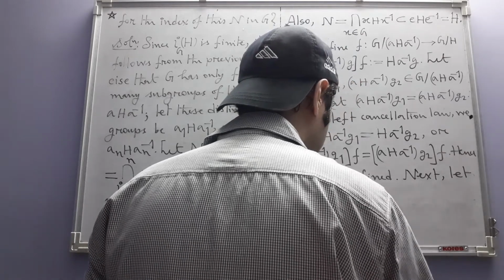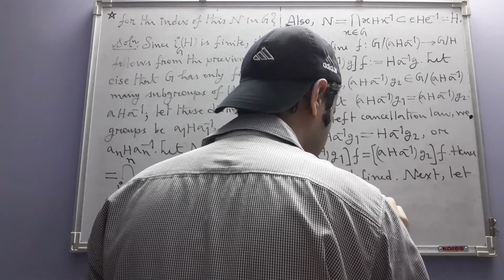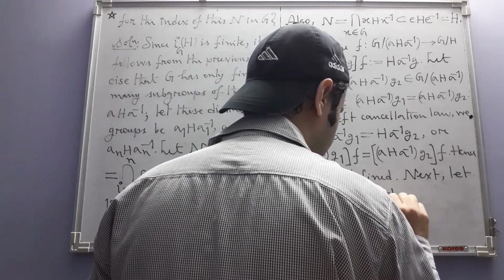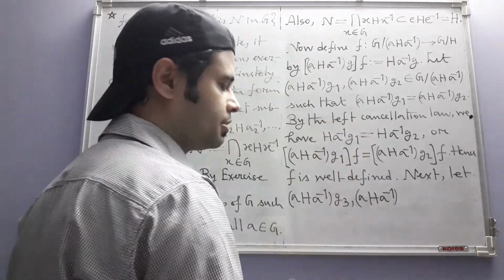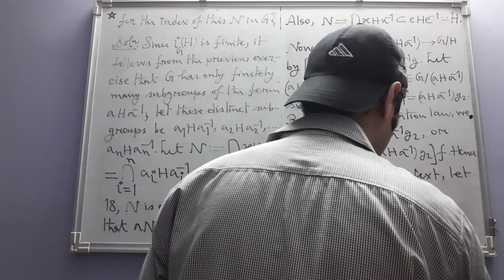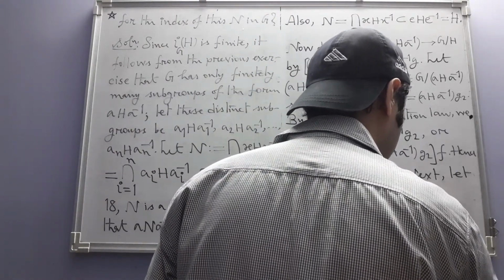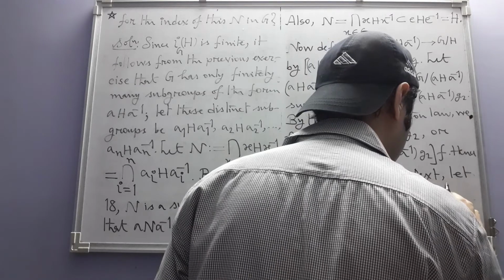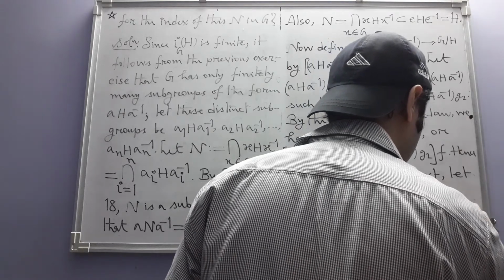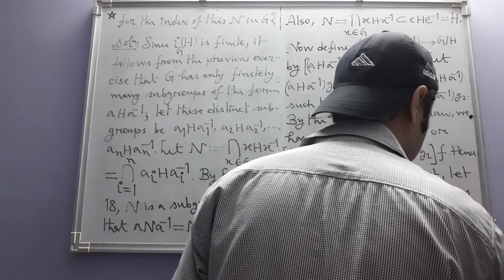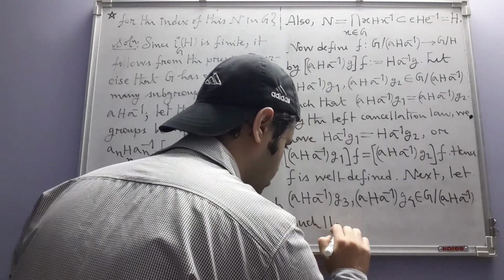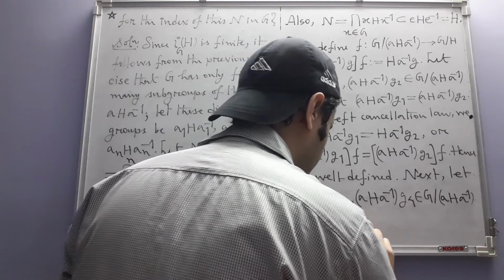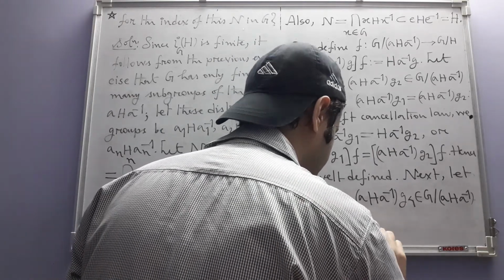This is in fact easier than showing that F is well defined. Take two right cosets of A H A inverse such that their F images are equal.